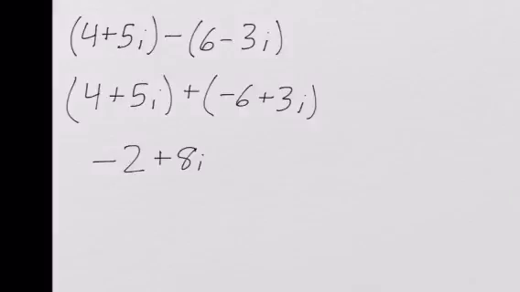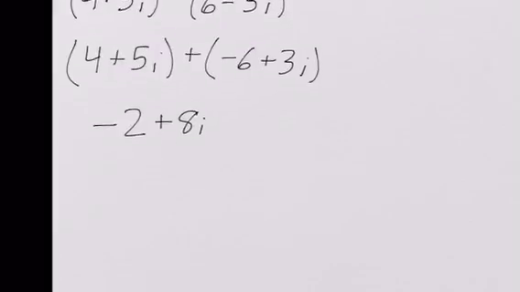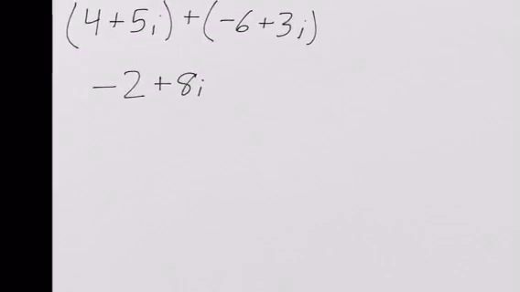Now before I go into multiplication of complex numbers, I want to get into something that we want to use caution on. The square root of negative 2 times the square root of negative 5. The immediate temptation by many is to multiply those numbers together and then take the square root.